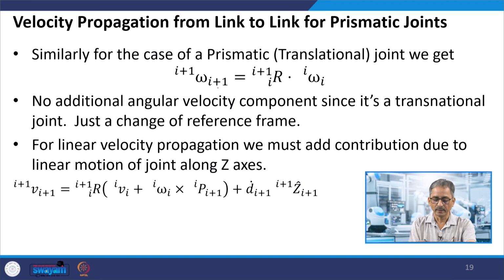So, this is going to be the same. And in the translational velocity component, you are going to have this extra addition, because along the z joint axis you are going to have the joint velocity. So, in the translational velocity component which we have seen previously, we are going to have this additional term.